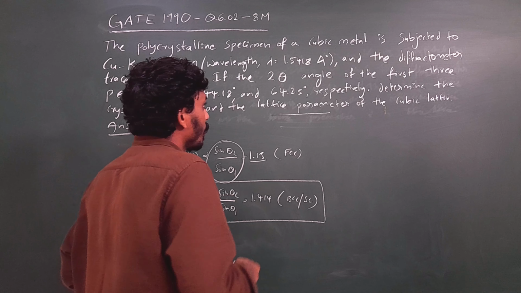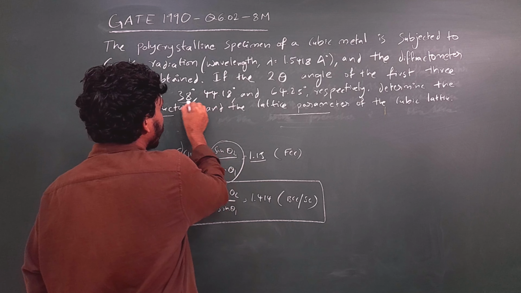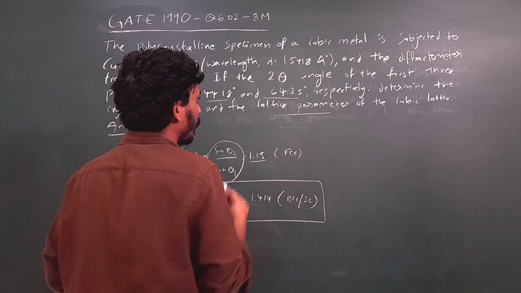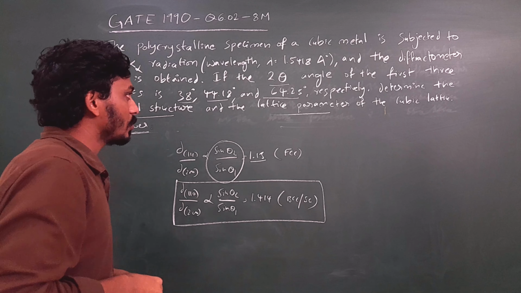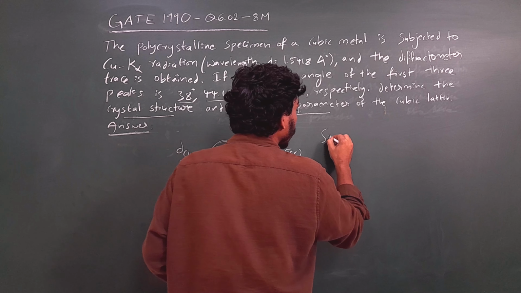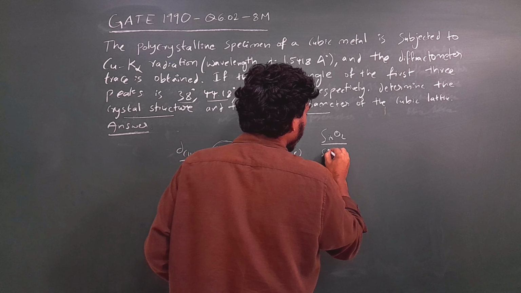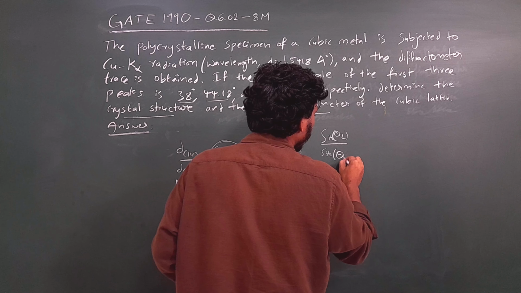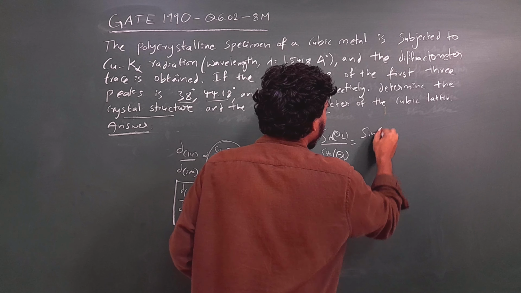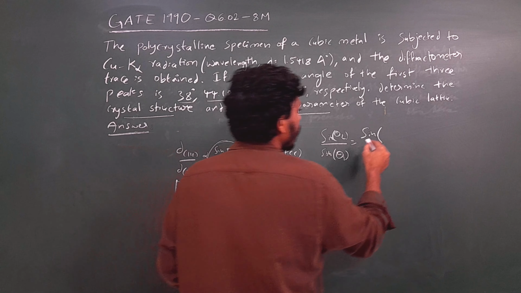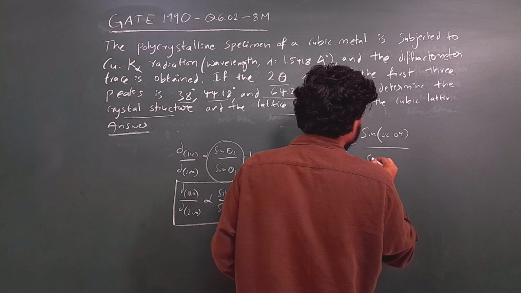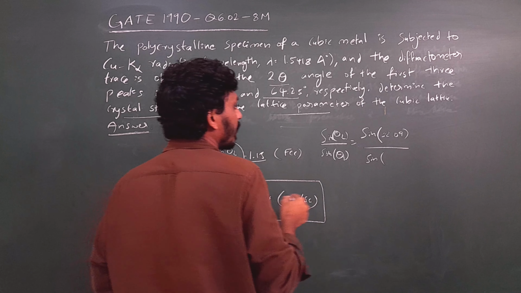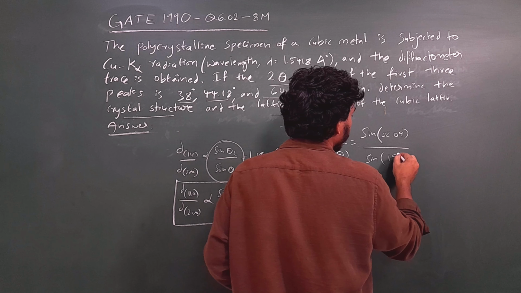So let us do that. He has given the first 3 peaks of 38, 44.18 and 64.25 as the 2 theta values. It's not theta. So sin theta 2 by sin theta 1 is equal to sin of 44.18 by 2, that means 22.09, by sin of 38 by 2, that means 19.